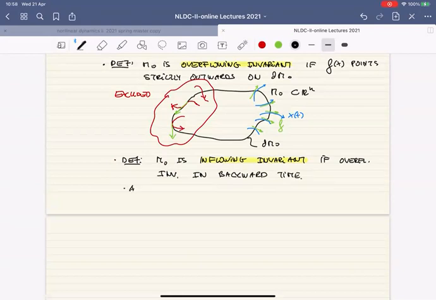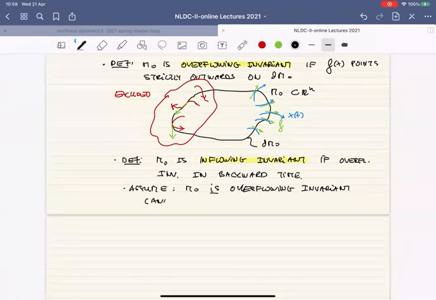So assume that M naught that we're talking about is overflowing invariant. That will be our assumption, but you can change that. Analogous results hold for inflowing invariant.